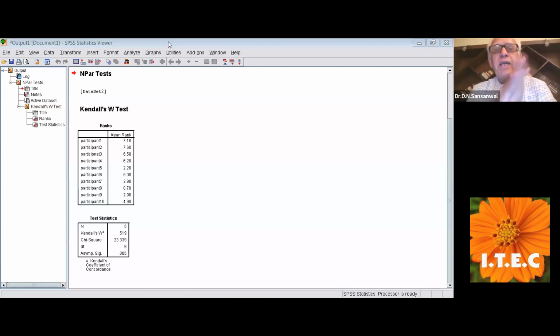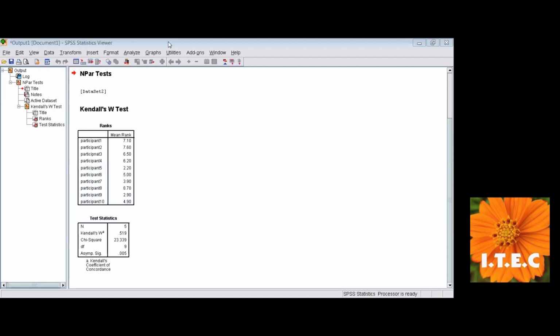Another example is if there is an educational psychology paper and there are 20 people and let's say there are 6 examiners, each examiner is evaluating each of the answer sheets. So I am also evaluating 20 people. Sunita is also evaluating 20 people. Indu is also evaluating 20 people. And all of us are giving marks out of 50.